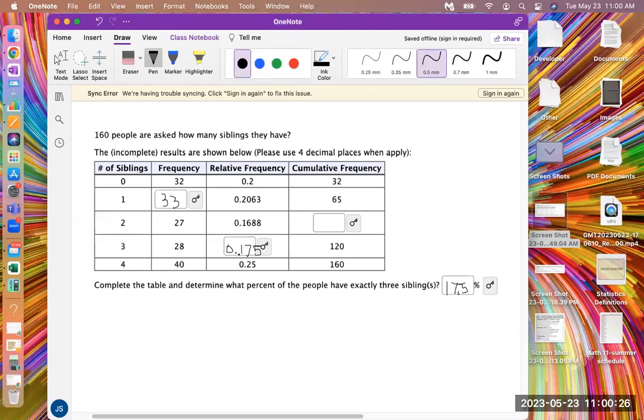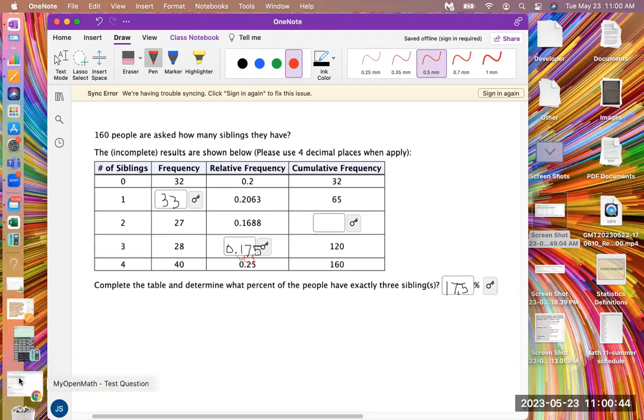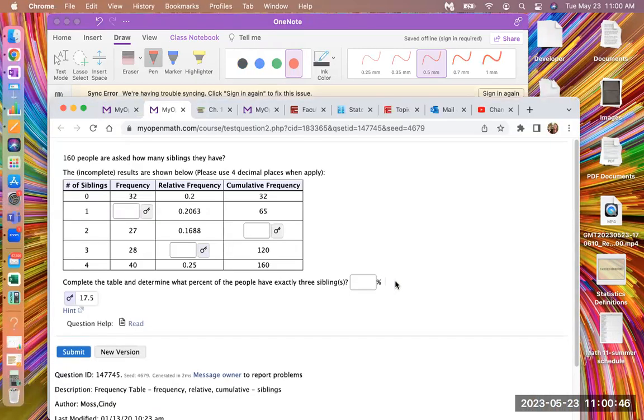So all I did was take the decimal answer for the relative frequency of exactly 3 and move the decimal twice. Well, we don't have to add a percent symbol, they did that for us. Let's double check the answer. And that's what they got.